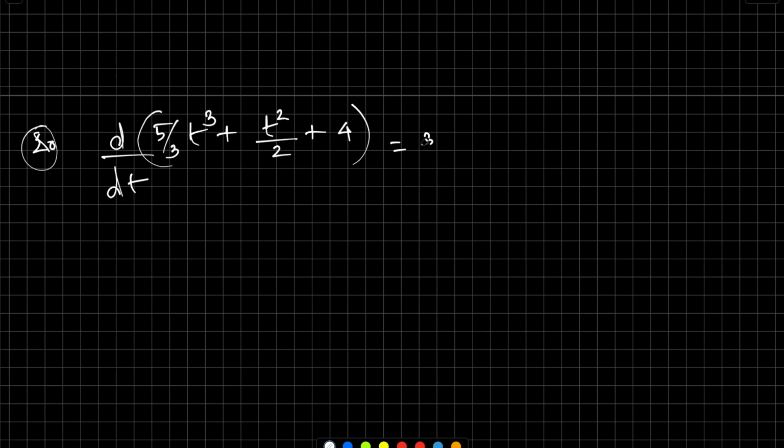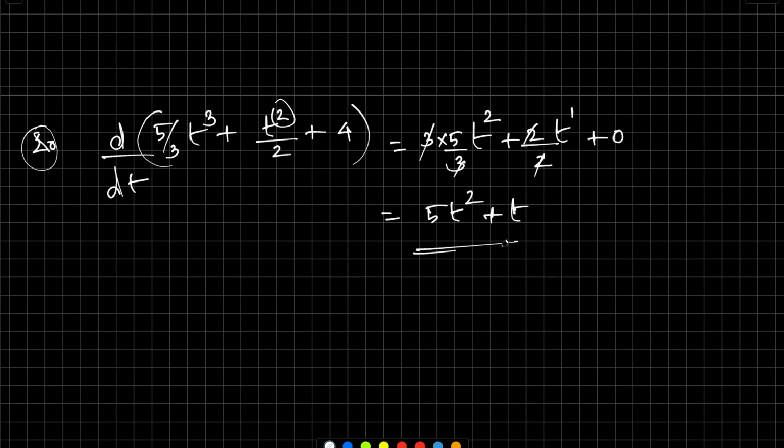So 3 times 5 by 3 t to the power of 3 minus 1 is 2, plus power is 2 here, but coefficient is 1 by 2, so 2 by 2 t to the power of 2 minus 1 is 1, plus 0. Cancel out 3 and 3, so 5t square, cancel out 2 and 2, plus t plus 0, which is 5t square plus t.